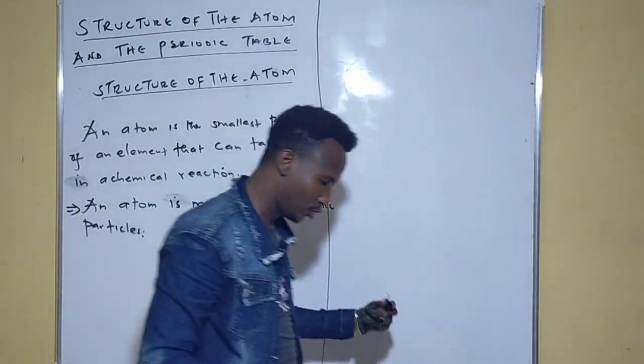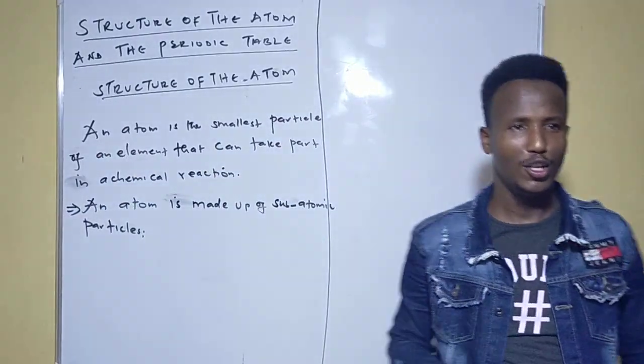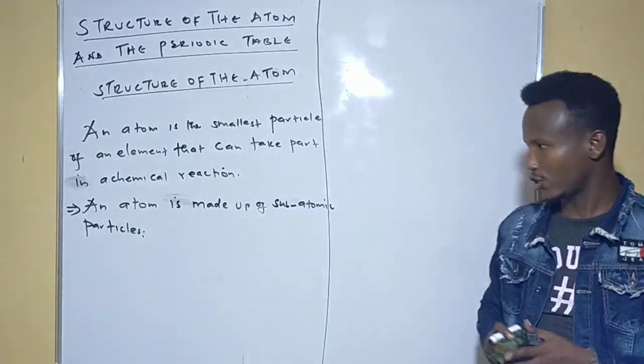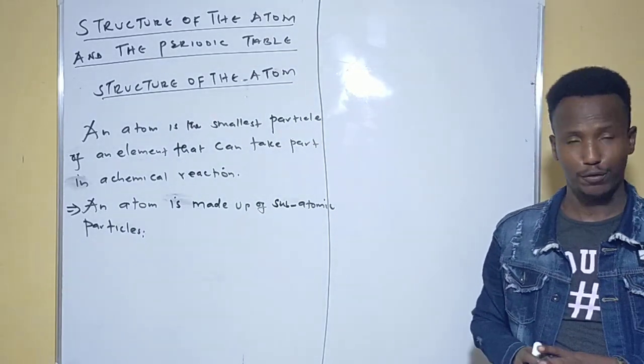So now we are saying an atom is made up of subatomic particles. What are these subatomic particles then? We have 3 subatomic particles of which an atom is made up.